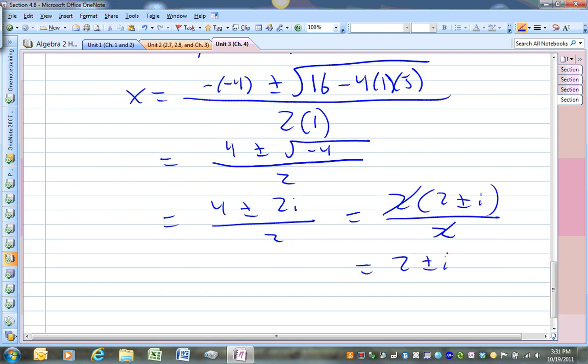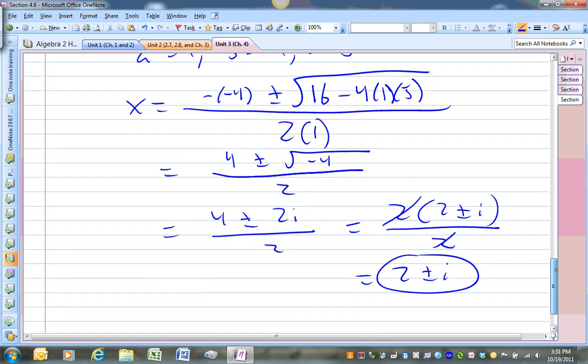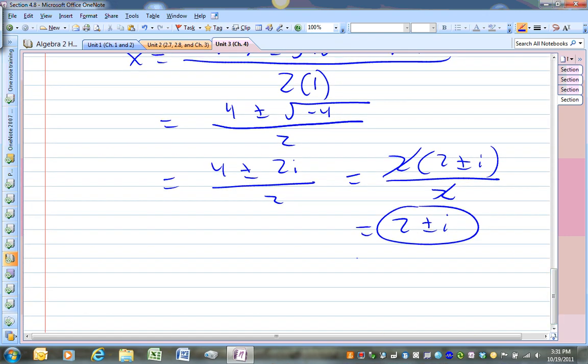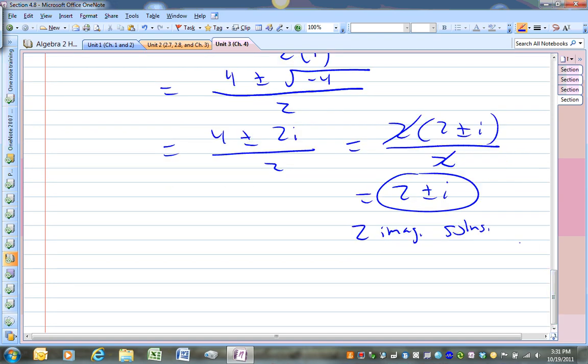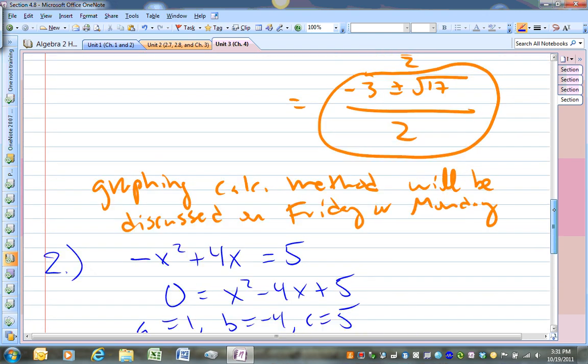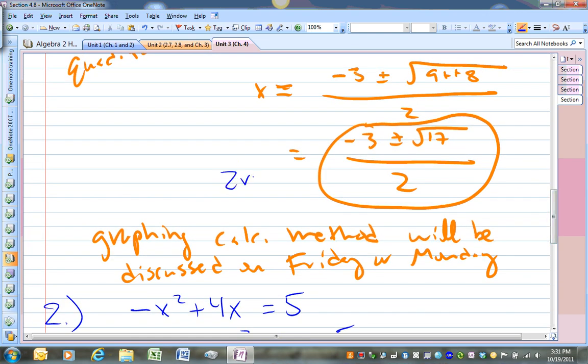So you get 2 plus or minus i. So in this case we have two imaginary solutions, whereas up here, of course, we had two real solutions since we're square rooting a positive number, which is 17.